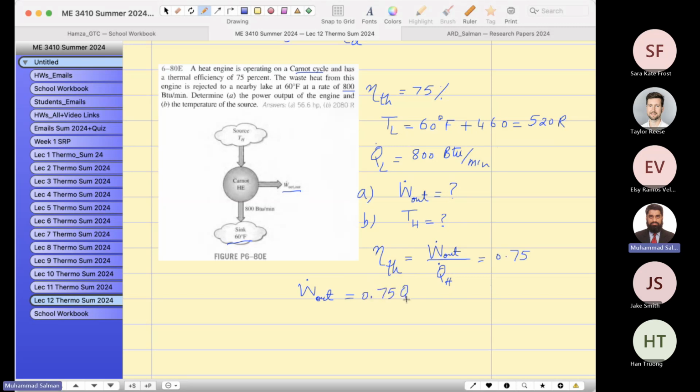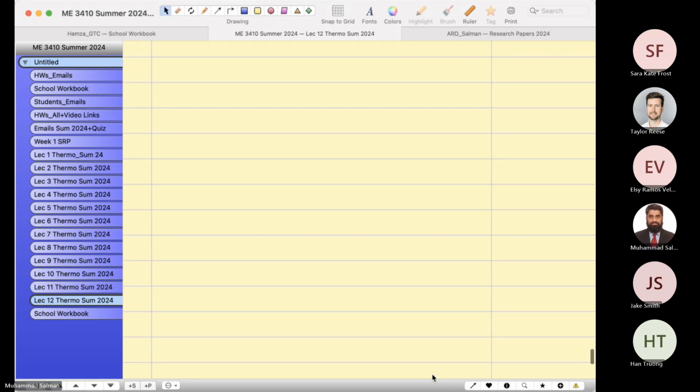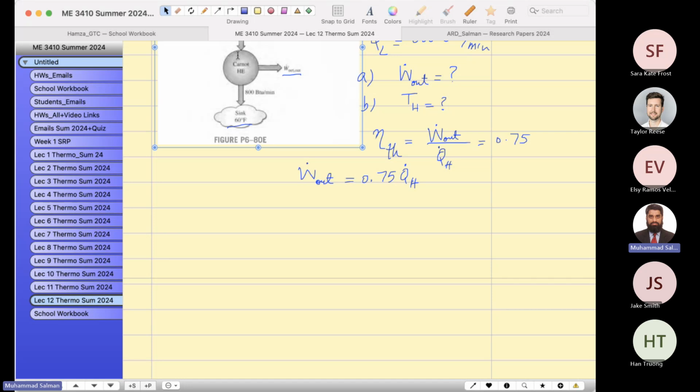It is 0.75 Q dot H. And you already know that the output power is also equal to Q dot H minus Q dot L.